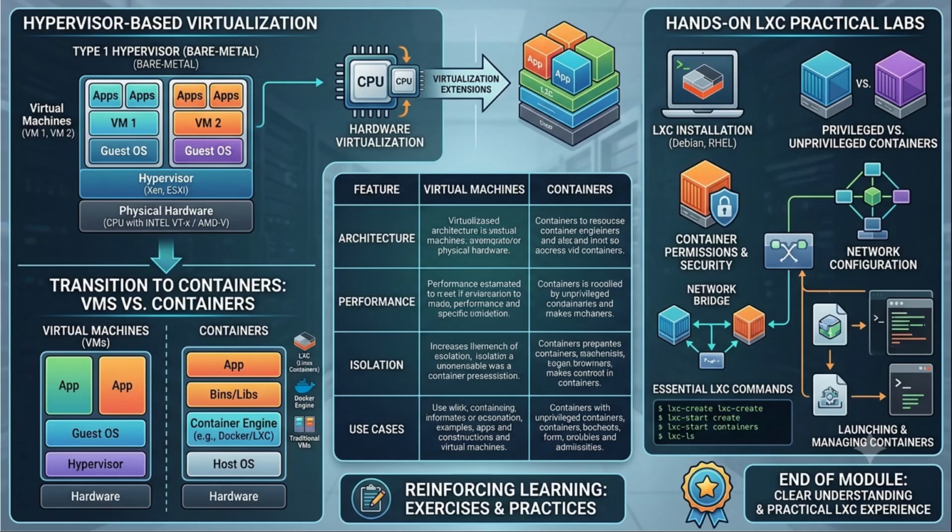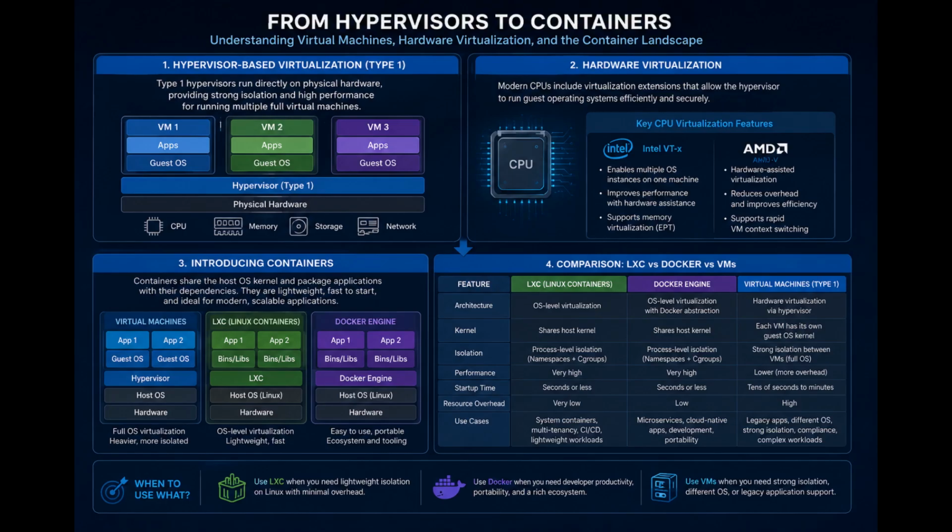This topic begins by exploring hypervisor-based virtualization, starting with Type 1 hypervisors, which run directly on hardware and provide strong isolation and performance for running full virtual machines. We will also look at the concept of hardware virtualization, where CPU features such as Intel VTX and AMD-V enable efficient execution of guest operating systems.